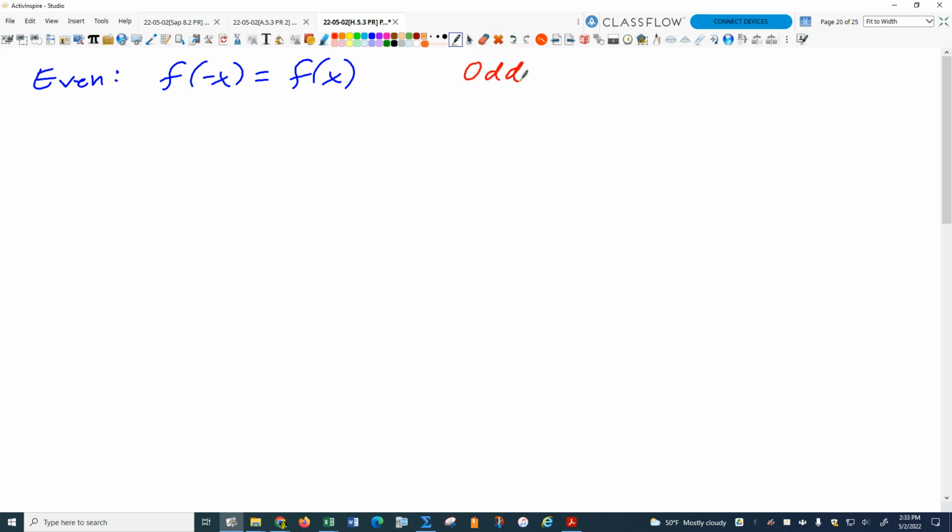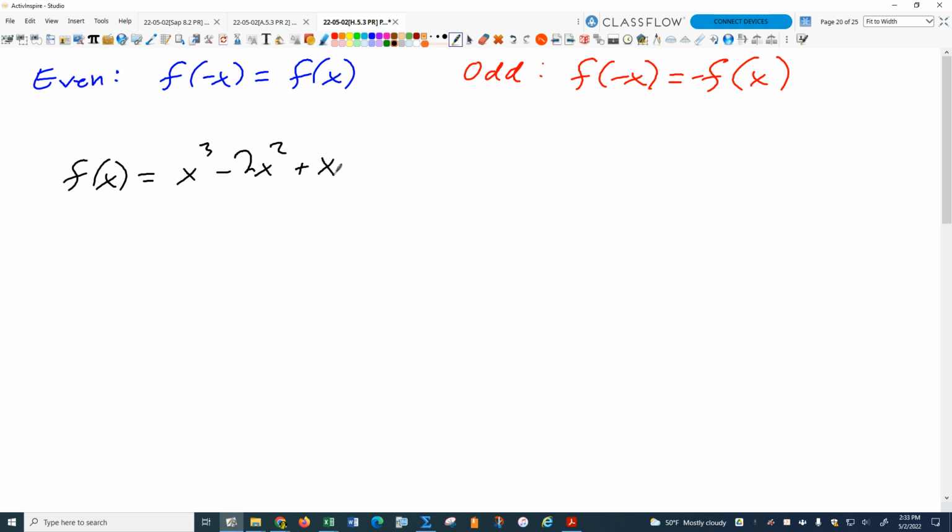Odd: f of negative x equals negative f of x. So let's try a couple. How about this one? Okay, there's a function. Let's test the symmetry on this and just see what the outcome is.